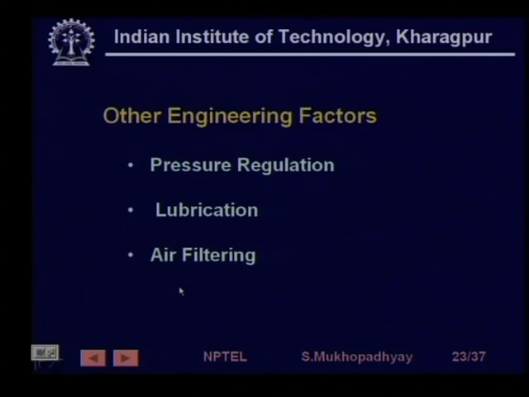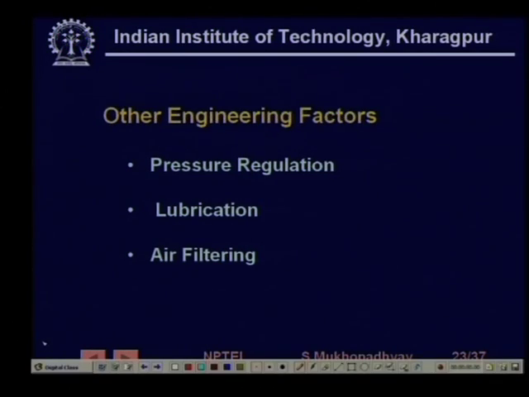Now, there are many other pieces of equipment needed, for example, pressure regulators. Why you need a pressure regulator is actually very simple. Generally in pneumatics you have one pressure source.